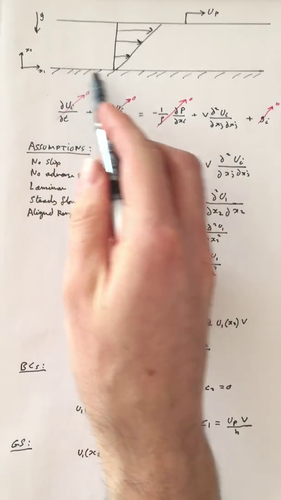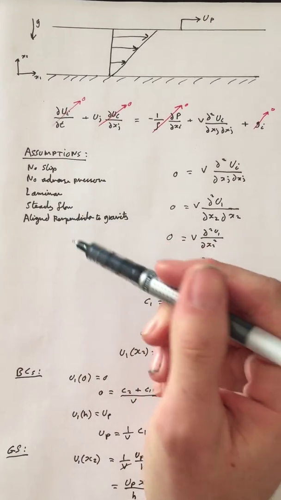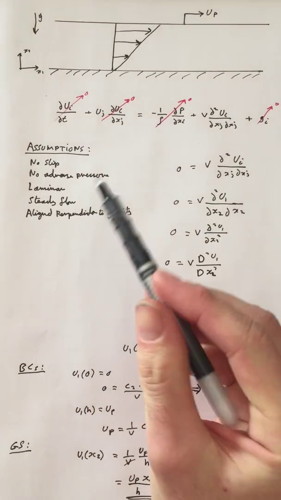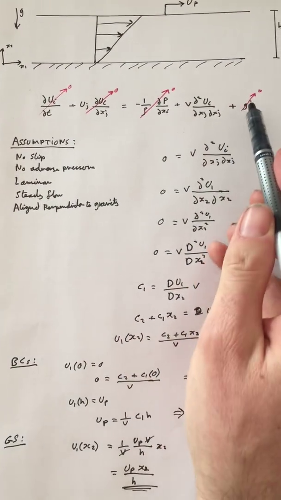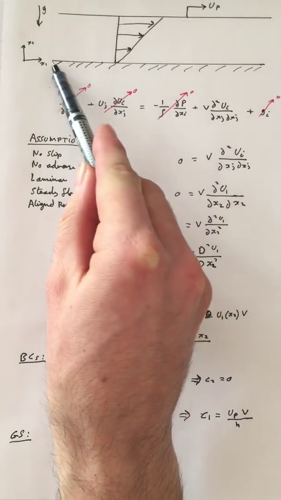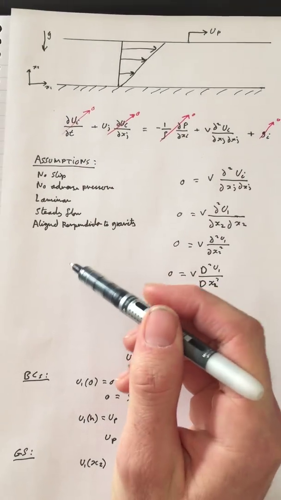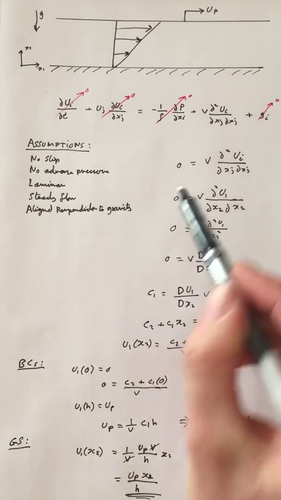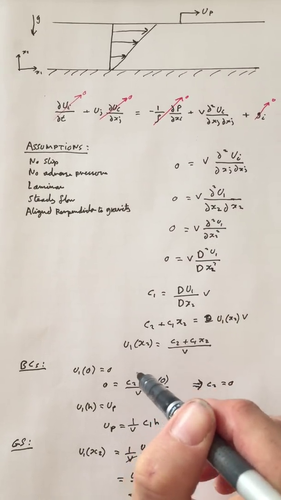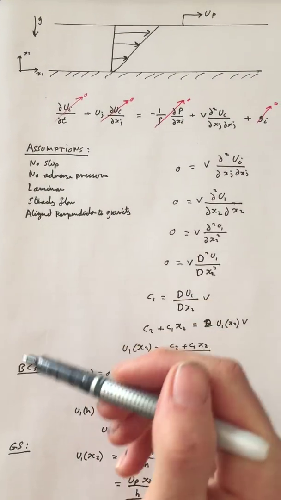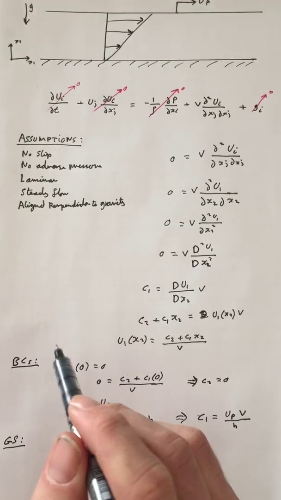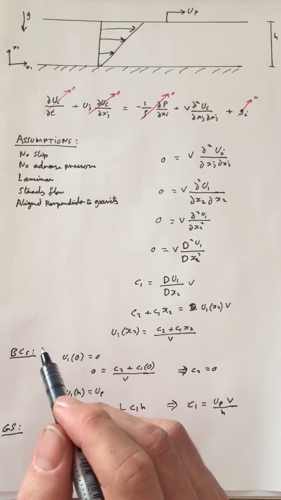This here can be applied to other problems as well quite easily. So if we had a gravity term, say this plate wasn't aligned to gravity, you could apply the same principle. If there was pressure driven flow, you could apply that same principle. A bit more challenging, but can be done.